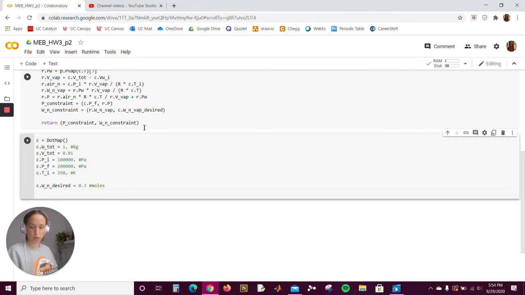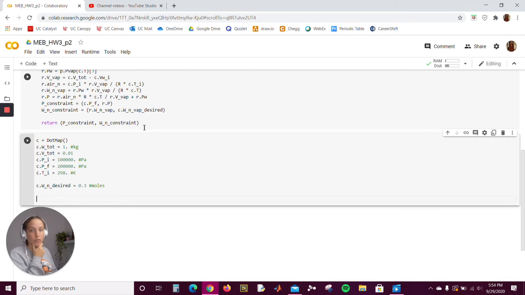And then our temperature values and our volume values are going to be our adjustable values.